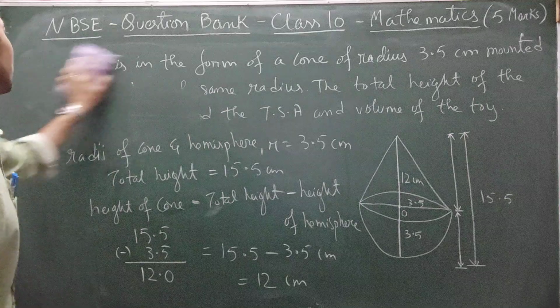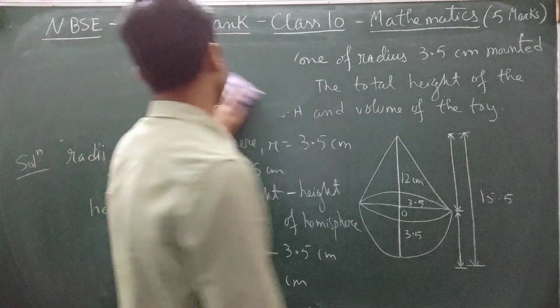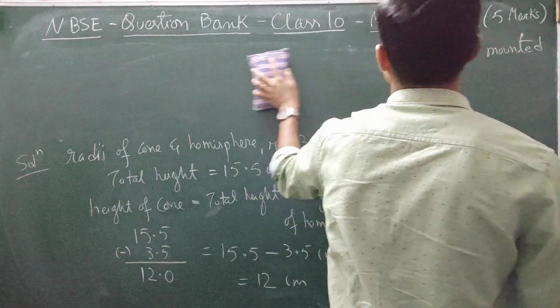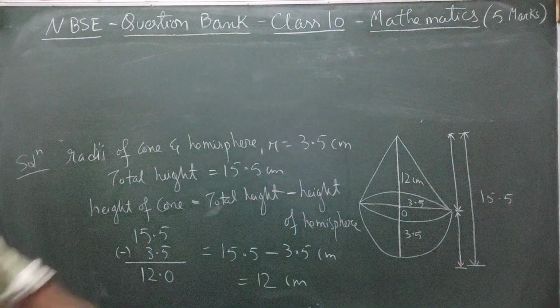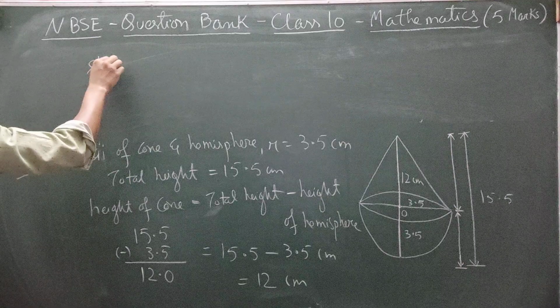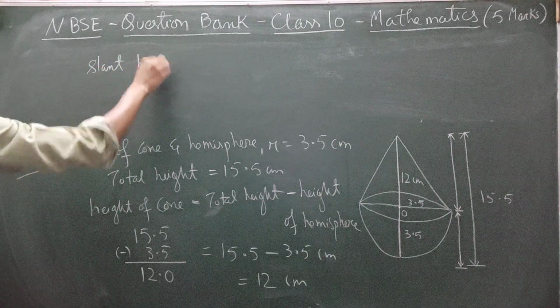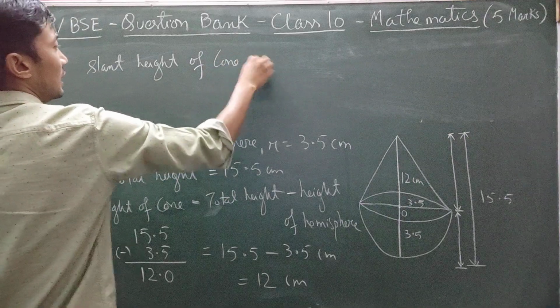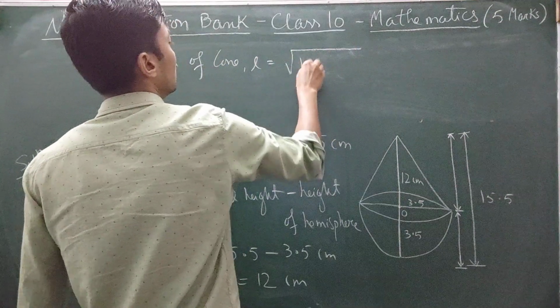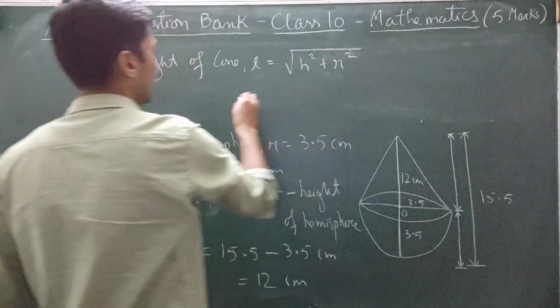We have to find out the total surface area and volume of the toy. For the total surface area of a cone, we need the slant height. So let's find it. Slant height of cone, that is L, equals the square root of H square plus R square.